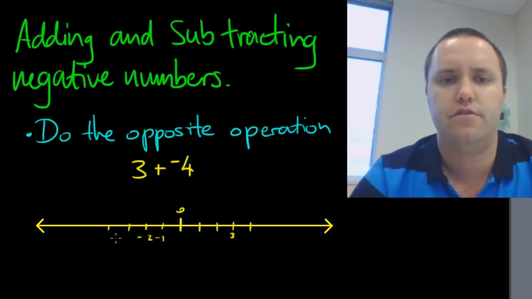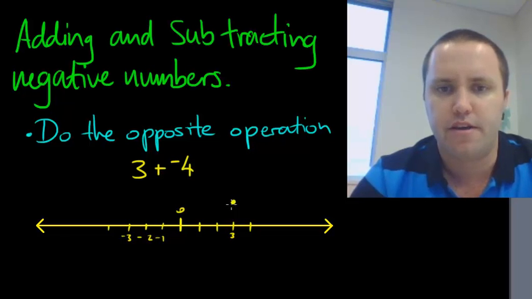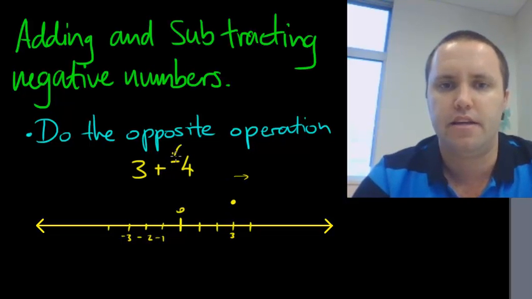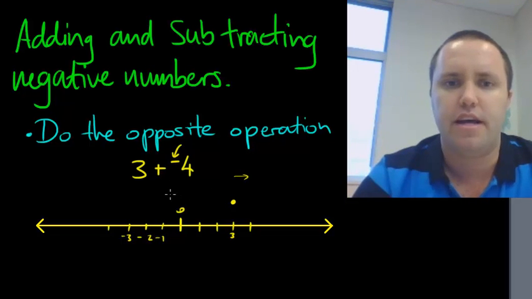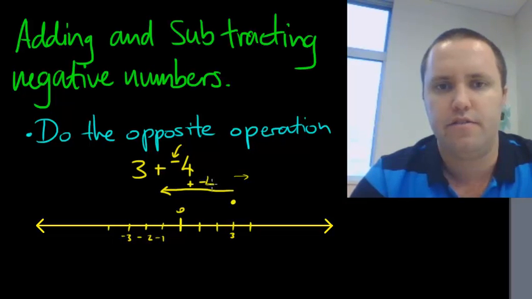Negative 1, negative 2, negative 3. So I'm starting at 3. Now, usually if I was adding, you would go this way. But because I'm adding a negative number, I'm going to have to go this way. So I add a negative amount and I add 4 of it, going this way. So this is adding negative 4, and I end up at negative 1.